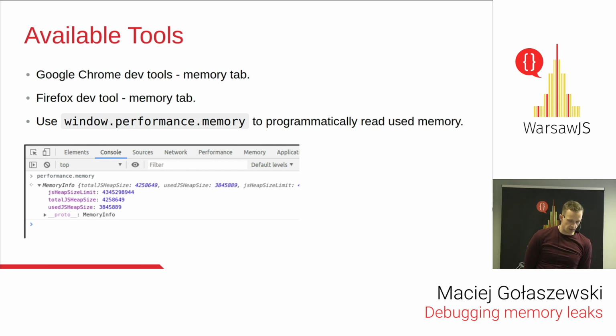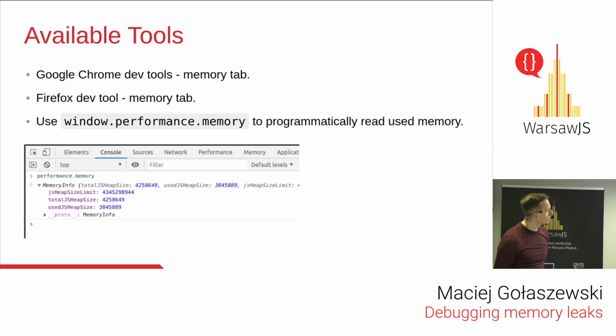If you want to find what causes the memory leaks or the growing memory footprint of the application, you have many tools, but the most common will be the tools available in the browser's developer tools, in the memory tab.